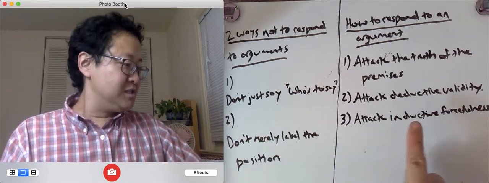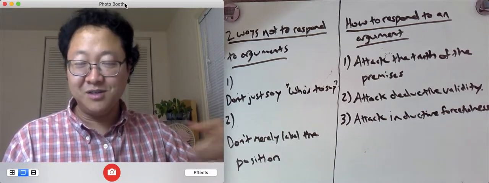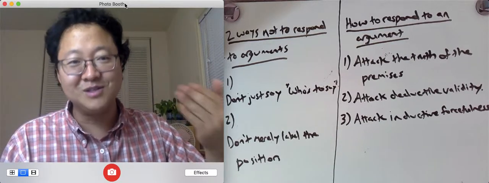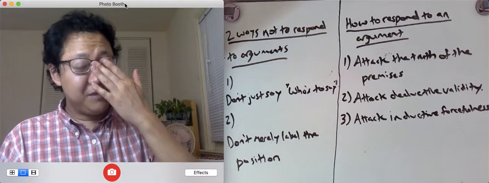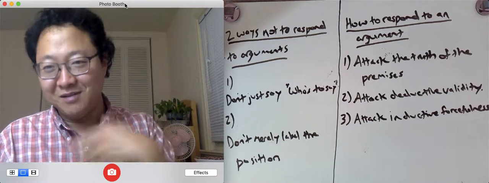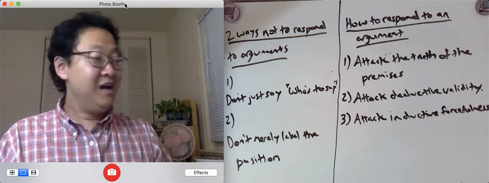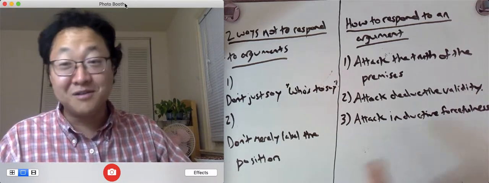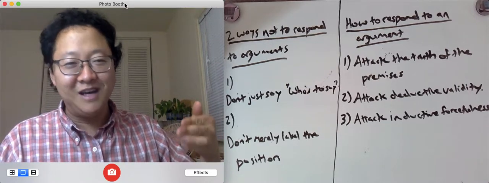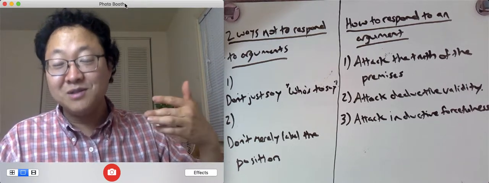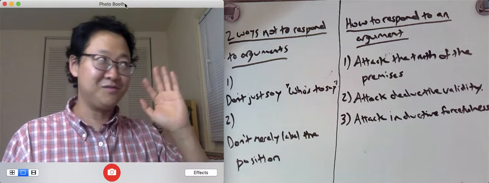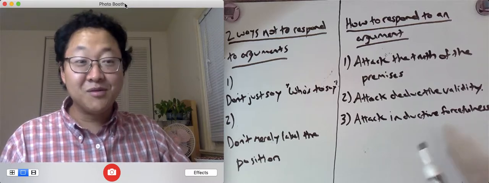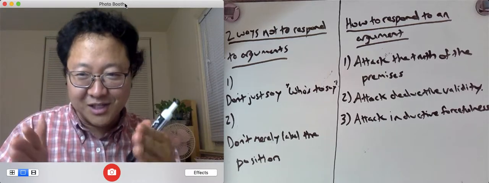So suppose you've attacked deductive validity and you show, look, even if your premises are true, it doesn't follow that your conclusion has to be true. The person giving the argument can say, I agree, it's not deductively valid, but that's not what I'm aiming for. I'm aiming for inductive forcefulness. I'm just trying to show that if the premises are true, then the conclusion's probably true, given no other information about the topic. So that's step 3 if you're trying to criticize an argument.